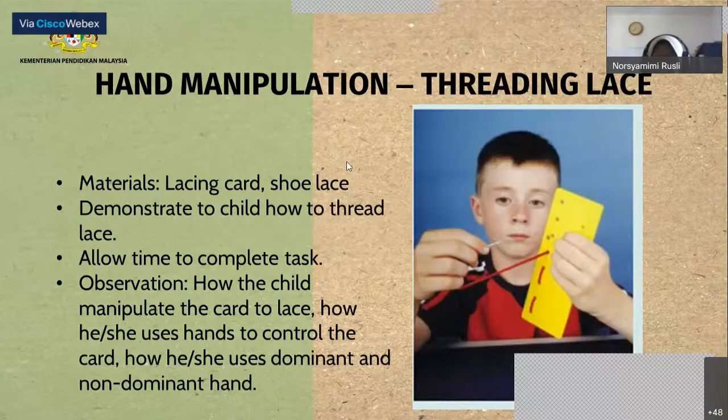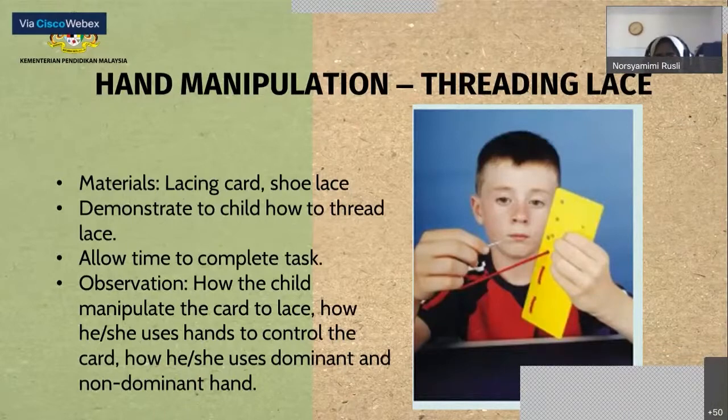So we will need to plan the activities. We will need to include or integrate visual motor activities in his lesson. So for hand manipulation through the threading lace activities, you will need a lacing card and a shoelace.